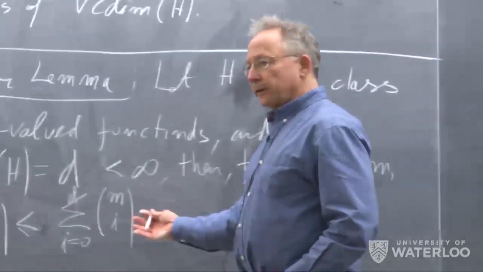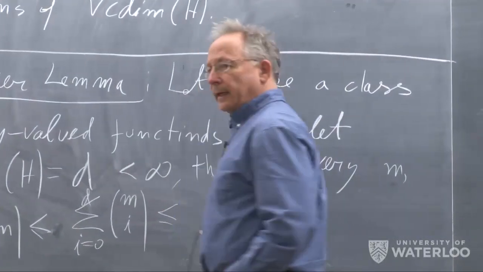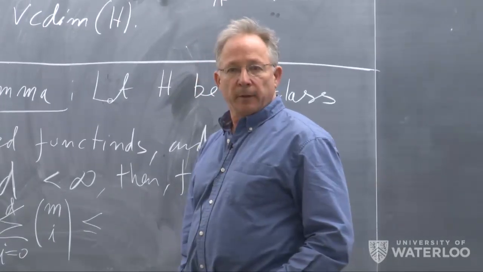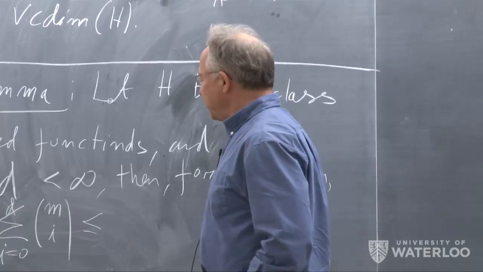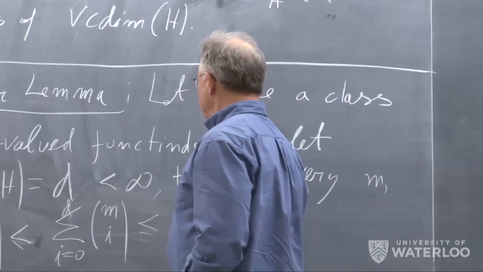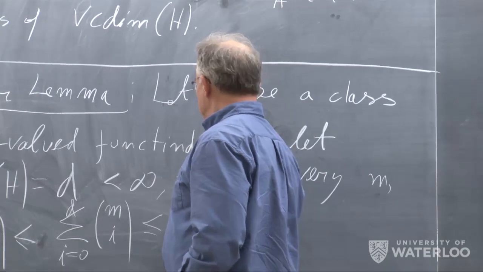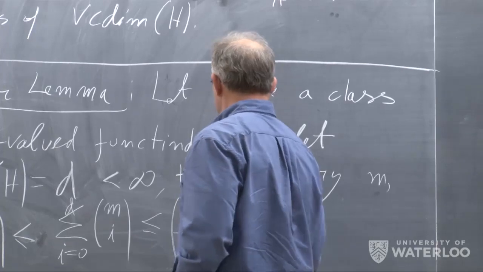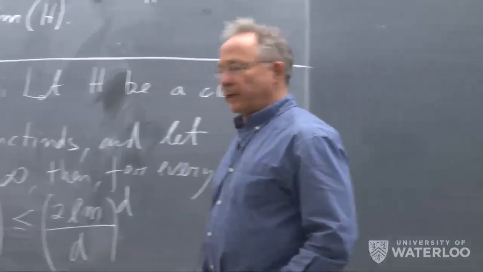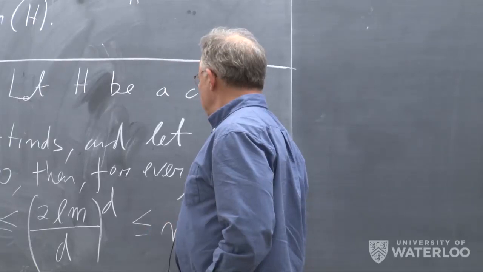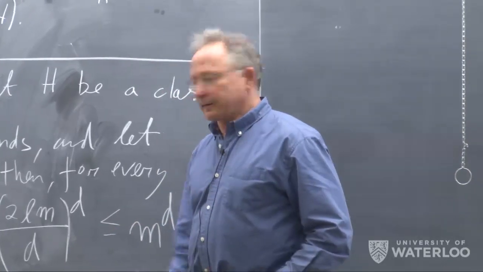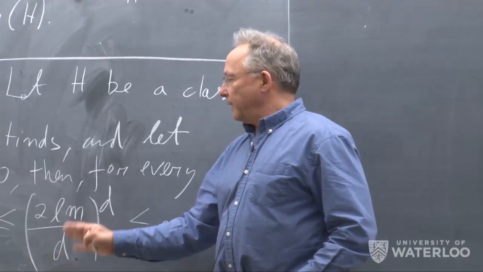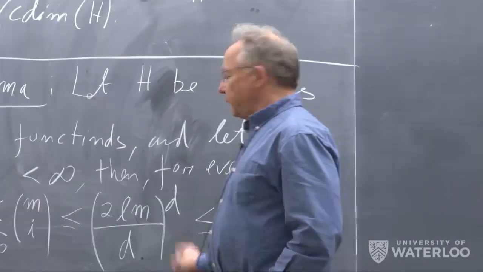And the important thing is that this can be shown to always be less than a polynomial function of m, where the exponent of the polynomial is d. I think it's always less than (2em over d) to the power d. But what we care about, we can always just approximate it by m to the d. There's also a factor of dividing by d that we can gain, but I don't really care about the exact number.